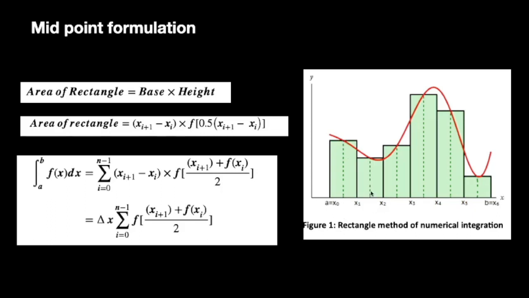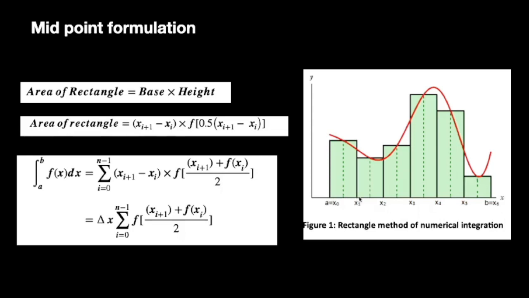Similarly, when I go to the next strip, I will find the midpoint of this strip first, then the value of the function at the midpoint will give me the height of the second strip. Similarly, for the third, I first calculate the midpoint, then the value of the function at the midpoint will give me the height of the third strip. In this way I can calculate the height of all the strips.